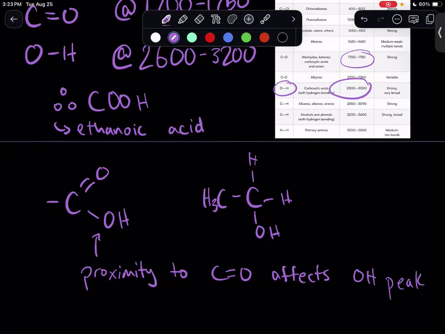And so we have a full different region for that alcohol when it is with a carboxylic acid. Because again, that dipole moment, which is what this intensity is measuring, is very different when that carbon has another dipole with a double bond oxygen.